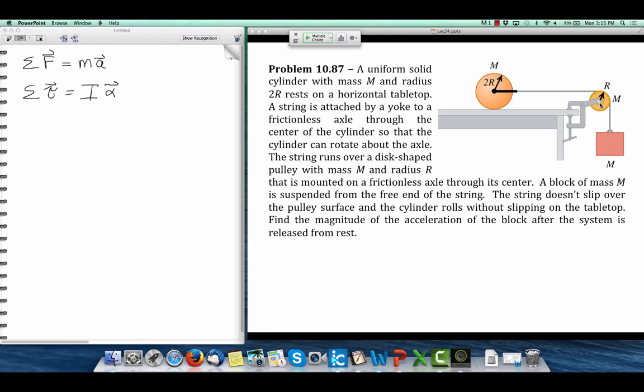And because this pulley only has rotational motion, we'll need an equation for the rotational motion. So if you look at that, you say, well, there's three pieces. They're all moving. In fact, they're all accelerating.